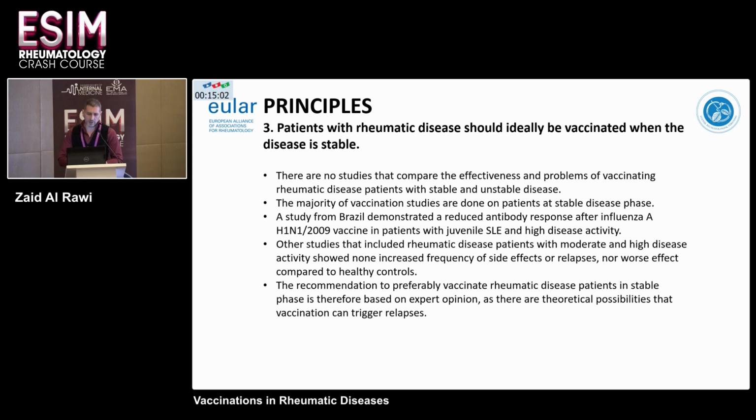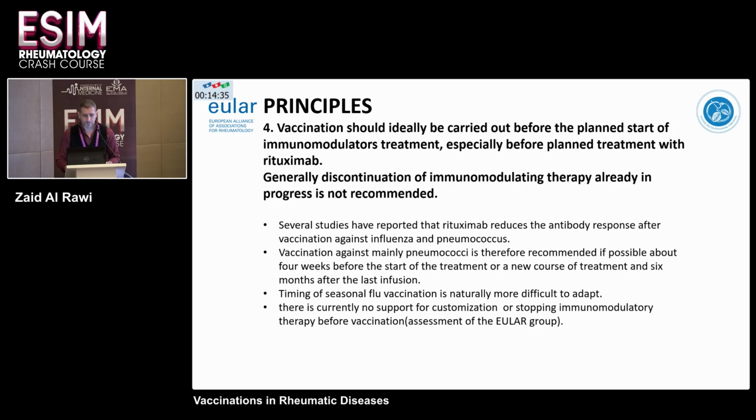It's the same as what I'm showing, studies that give opposite results. One is saying no problem, the other study is saying there's a problem. So we tend to be careful in rheumatology. The recommendation to preferably vaccinate rheumatic disease patients in a stable phase is therefore based on expert opinion. That's what I'm trying to say, as there are theoretical possibilities that the vaccine can trigger a relapse.